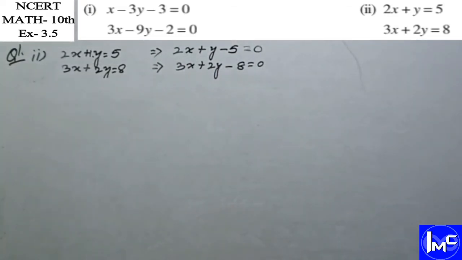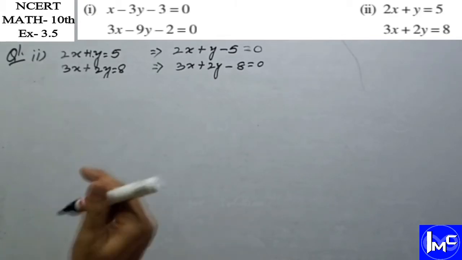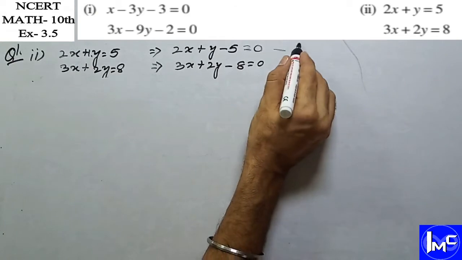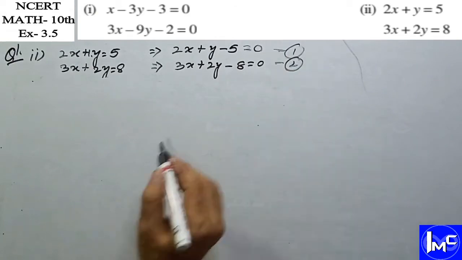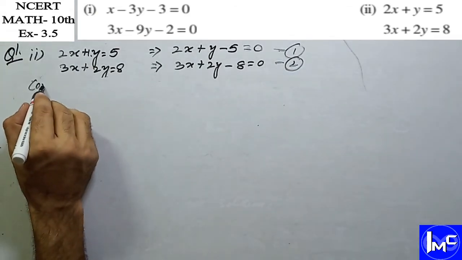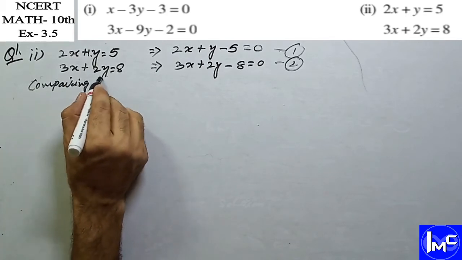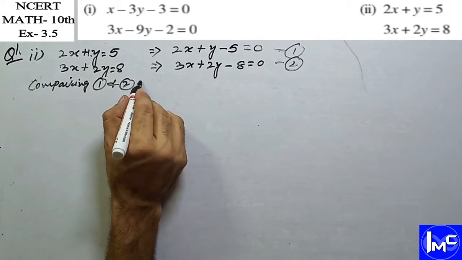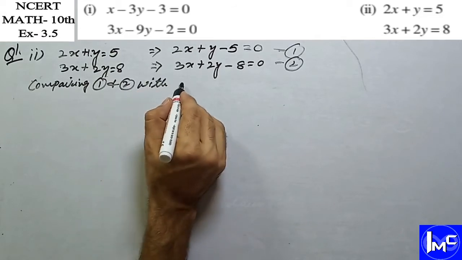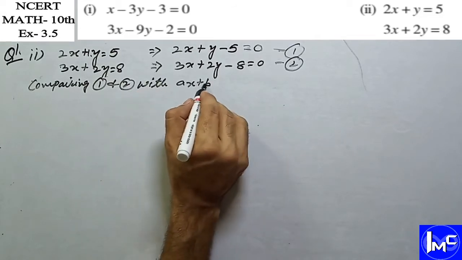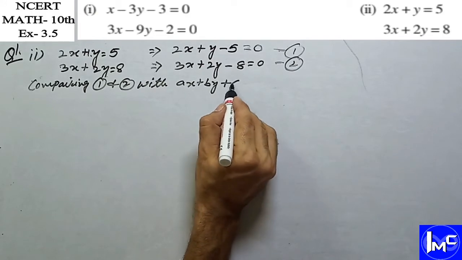Now first of all we will check whether this is a system with a unique solution or not, for which we will compare equations 1 and 2 with ax plus by plus c is equal to 0.